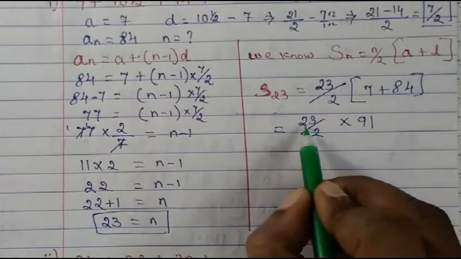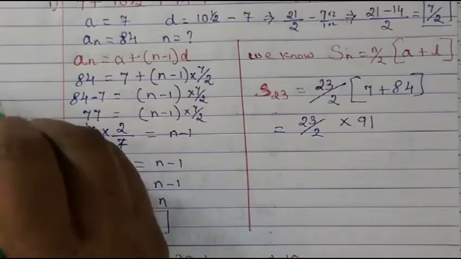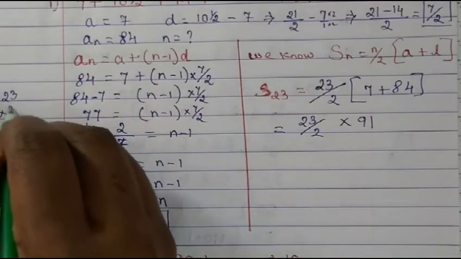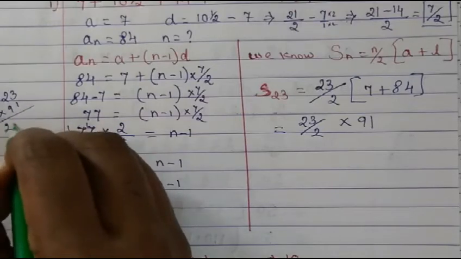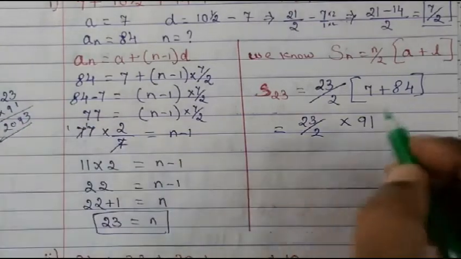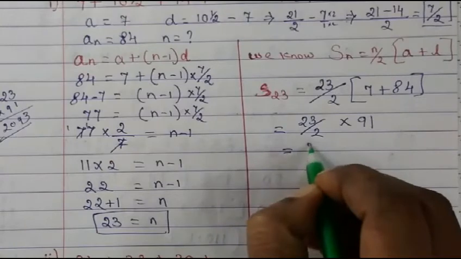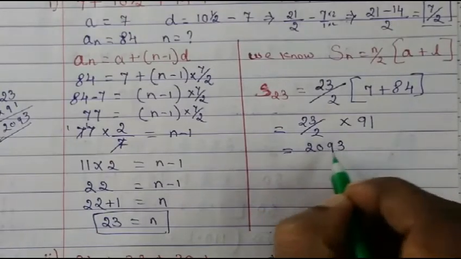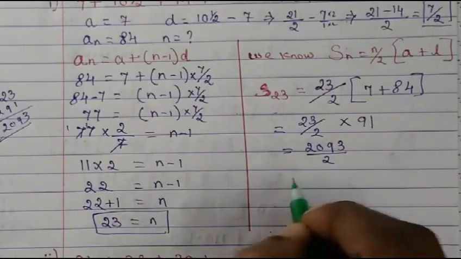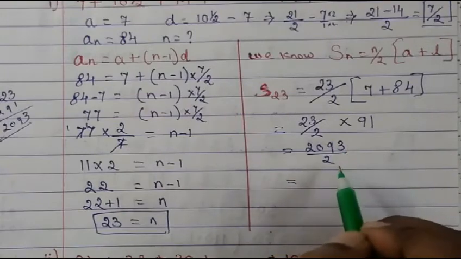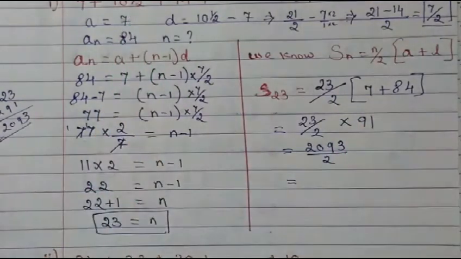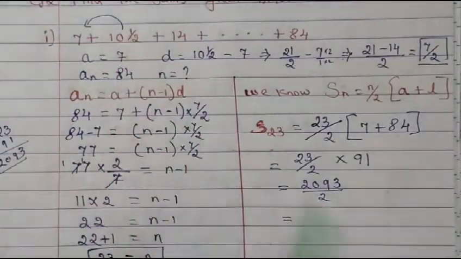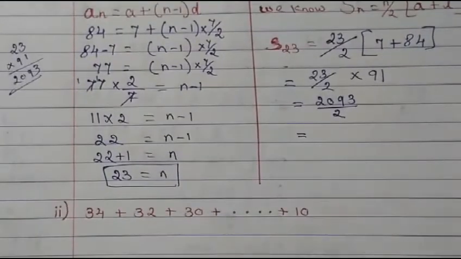Let's multiply 23 into 91. When you multiply, you will get 2093 upon 2. Now we have to write this as a mixed number, because we have a mixed number in the question. So we have to convert this into a mixed number.